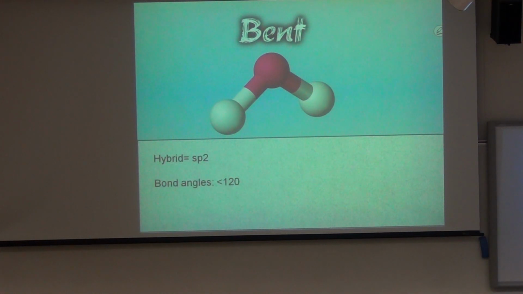Still going to have the same hybrid. Within a given steric number, the hybrid is always going to be the same. So steric number 3 is going to be sp2, regardless of whether it's trigonal planar or whether it's bent.